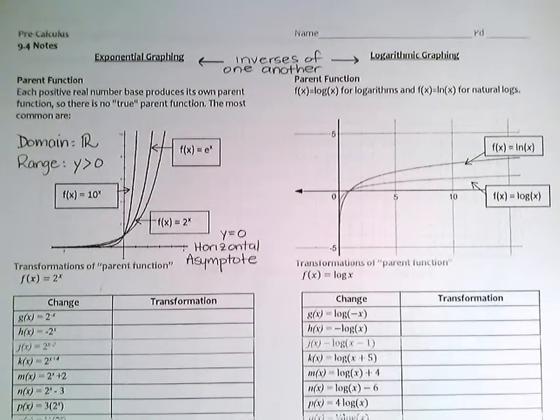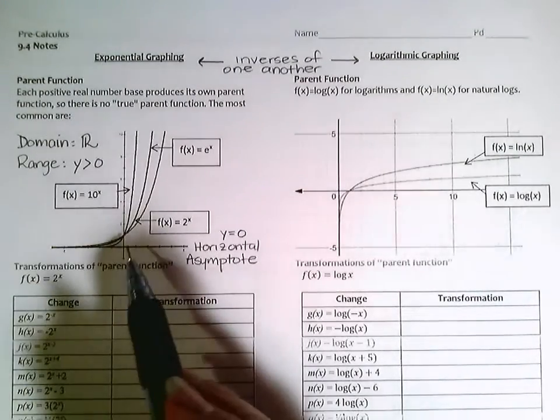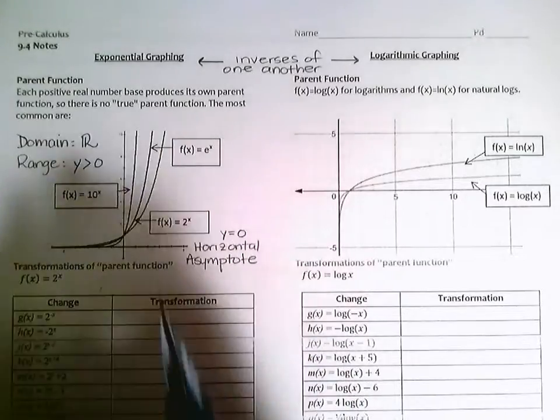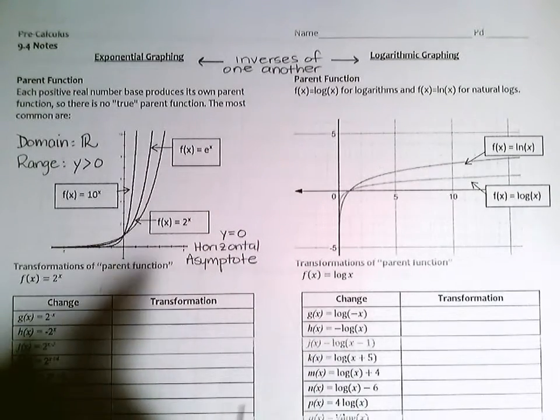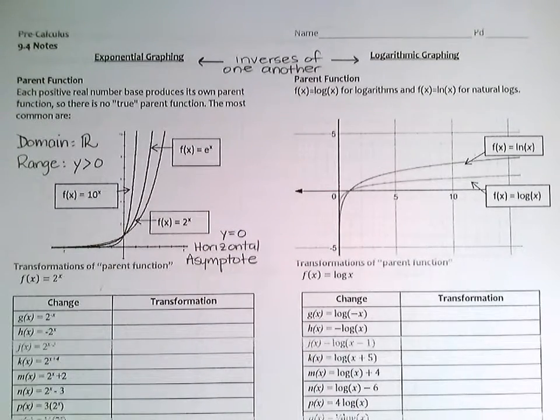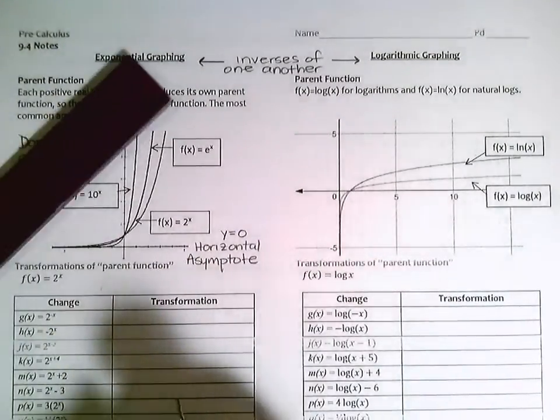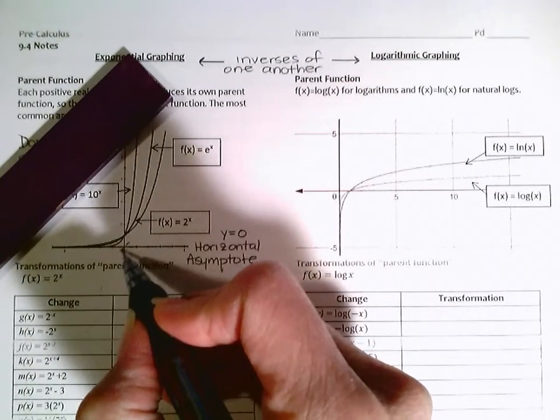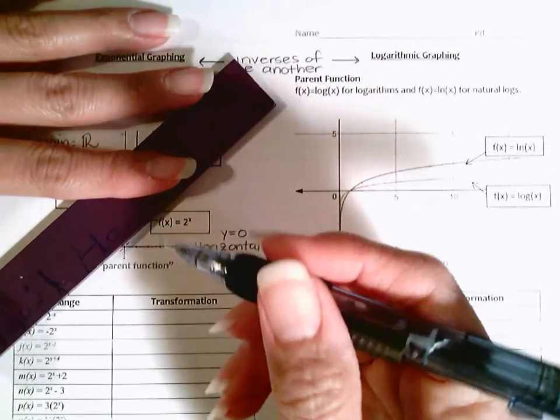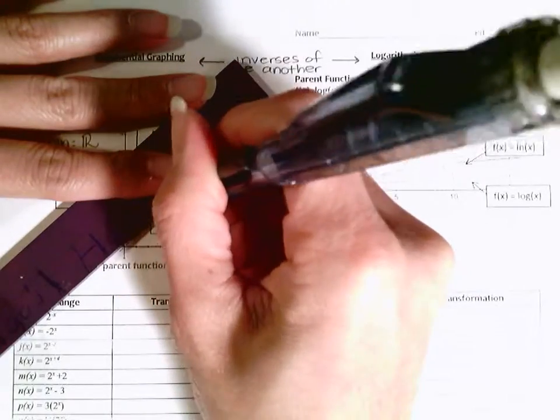So in essence, if we were to draw a y equals x line, the graph of the exponential function reflected over the y equals x line would result in this one. And just to give you a visualization, let me draw one here to give you an idea of what I'm talking about.